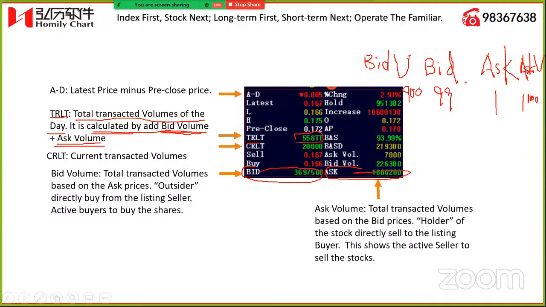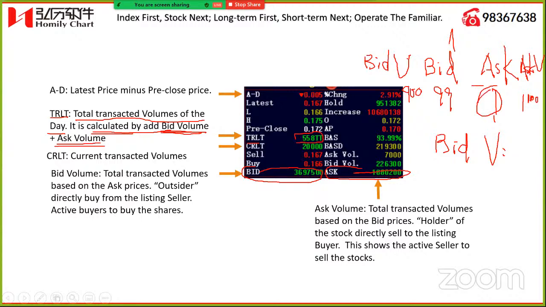So when the share actually trades at $1, then that is a bid volume.